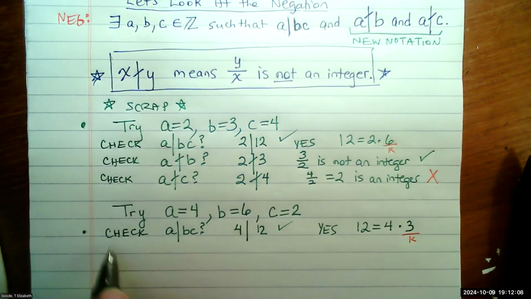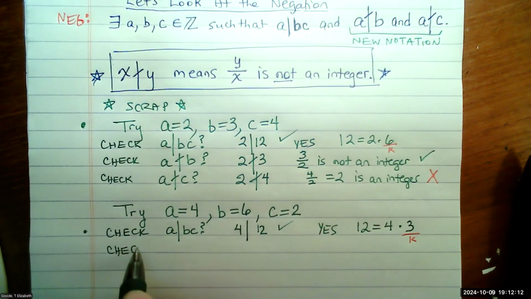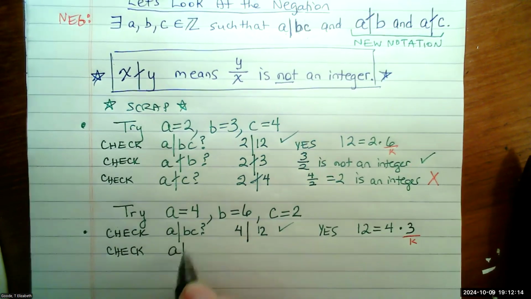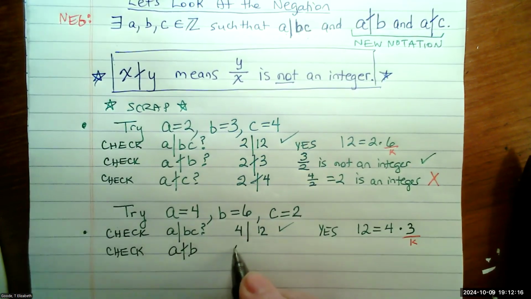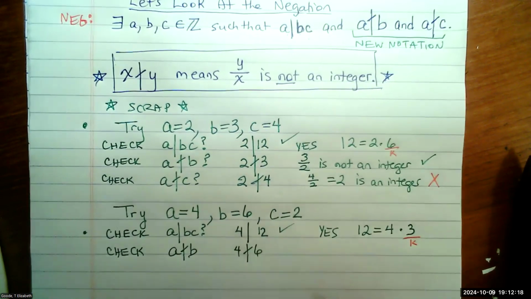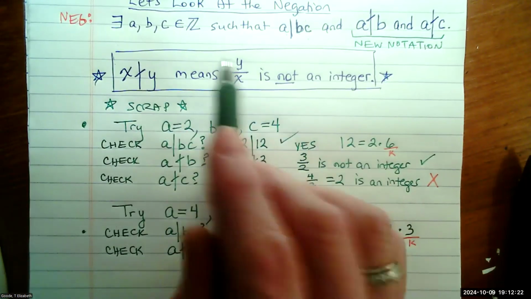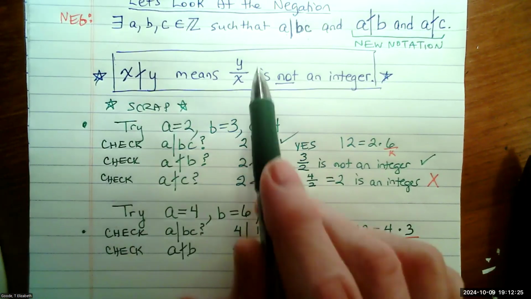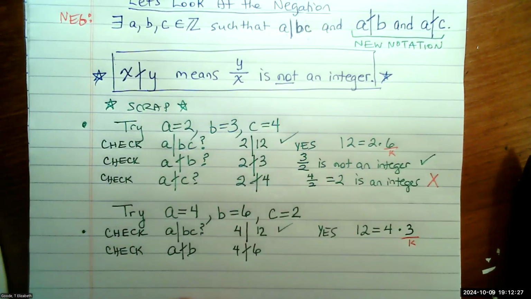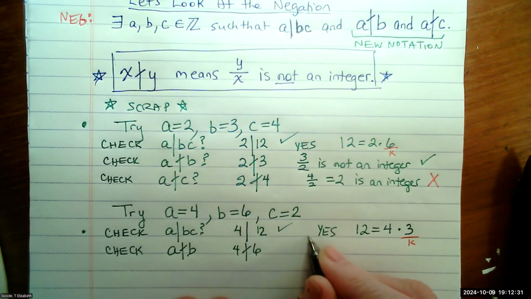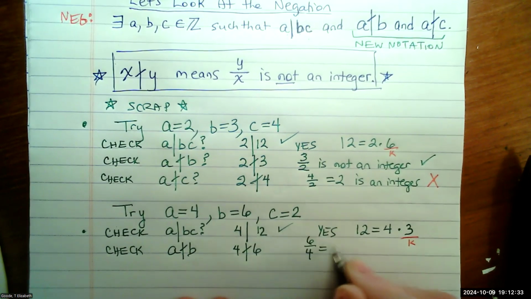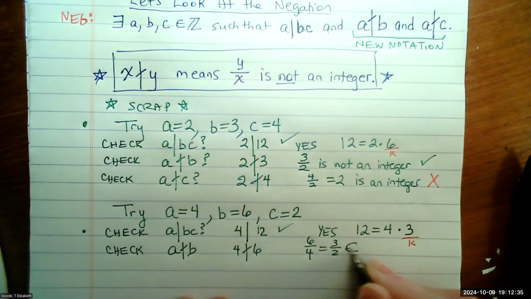So far, so good. Now we have to check that A does not divide B. We need to check that 4 does not divide 6. So we check our definition, does not divide, and 4 does not divide 6 means 6 over 4 is not an integer. 6 over 4, well, that's 3/2, yeah, and that's not an integer.